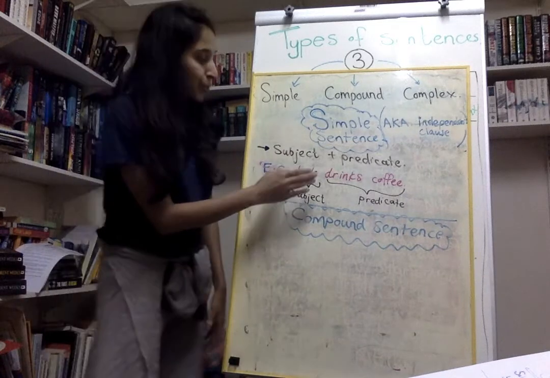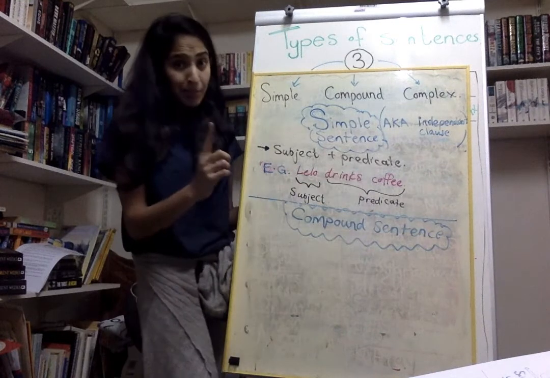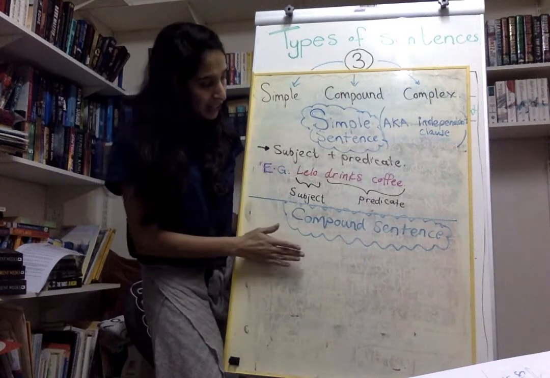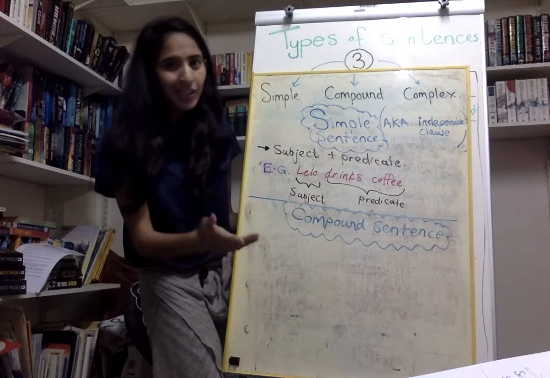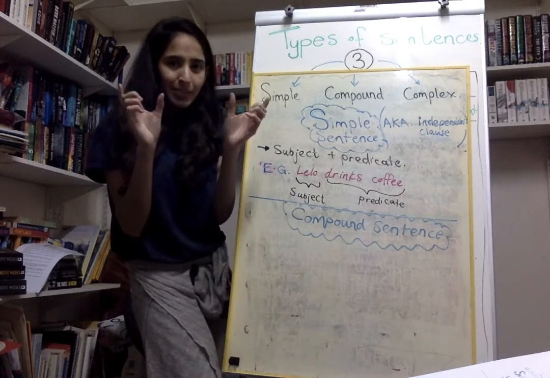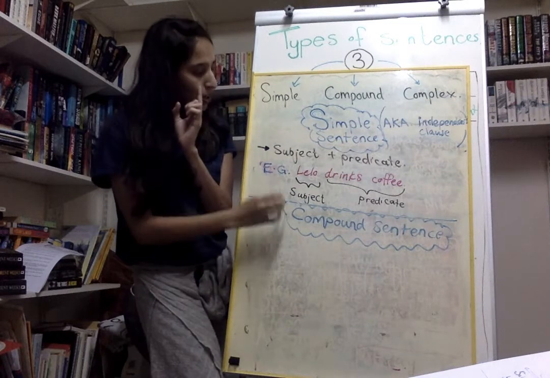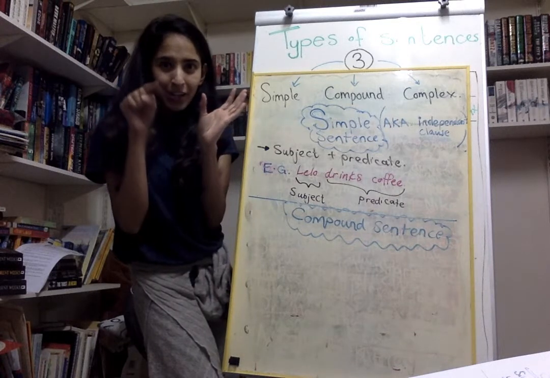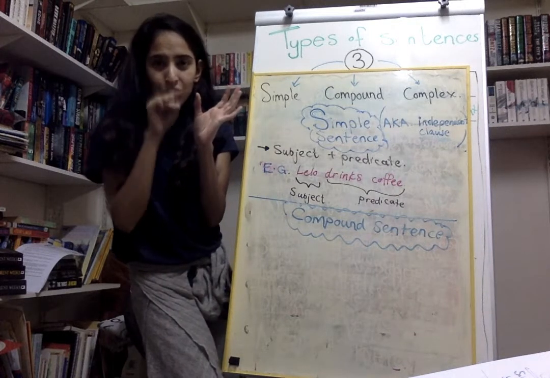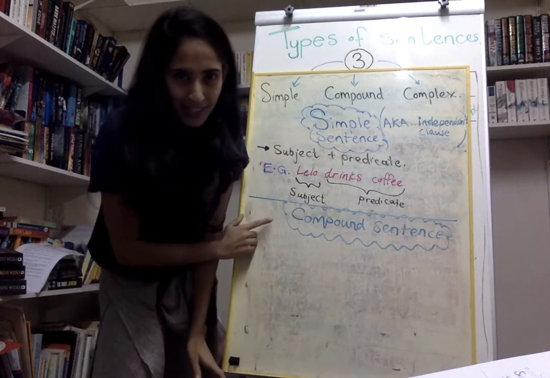For example, Lelo drinks coffee. That's our simple sentence. But if we say Lelo drinks coffee and eats toast, there we have 2 simple sentences put together, but there's a word in the middle, and. So compound sentences are normally connected with a word called a conjunction, a coordinating conjunction.